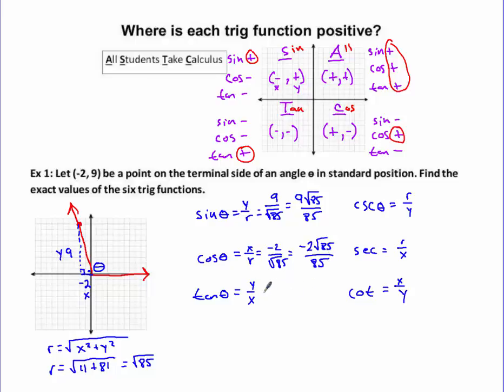All right, y over x, 9 over negative 2. R over y, square root of 85 over 9. R over x, square root of 85 over negative 2. And x over y is negative 2 over 9.